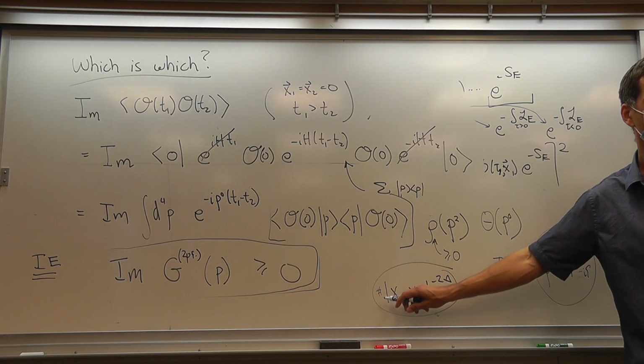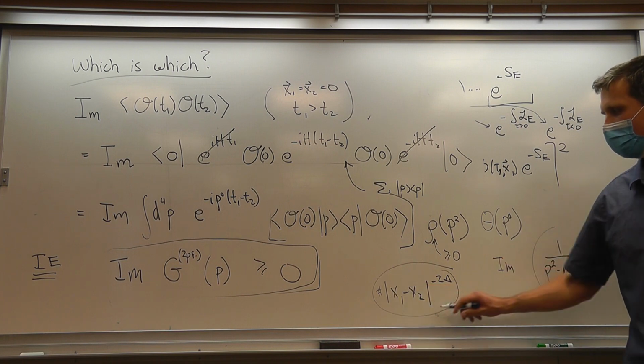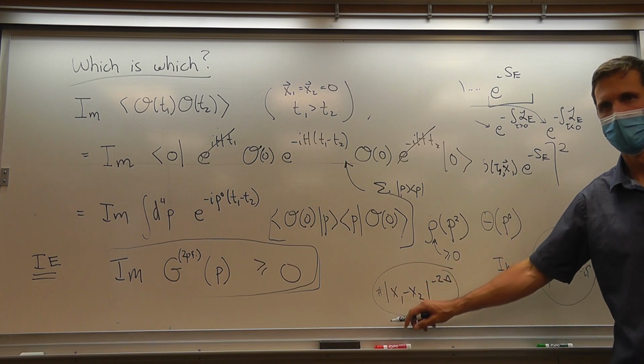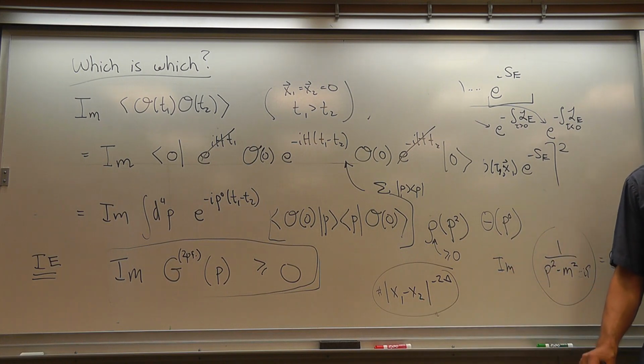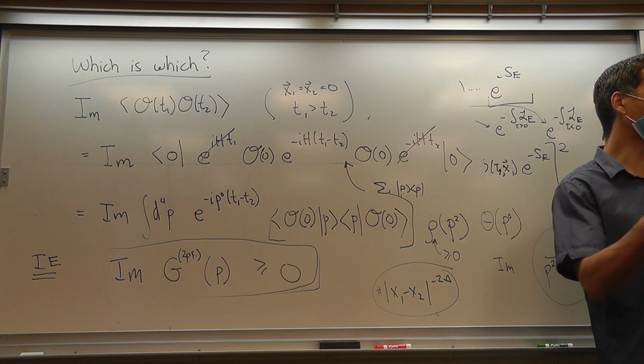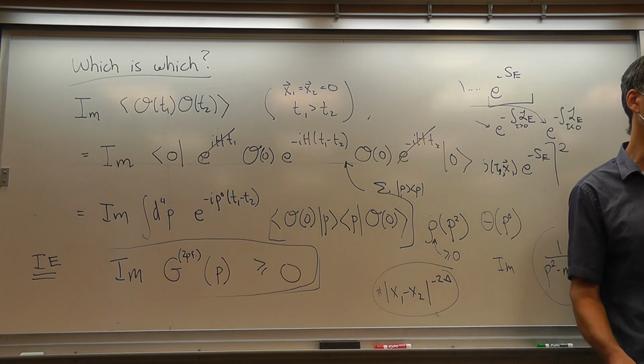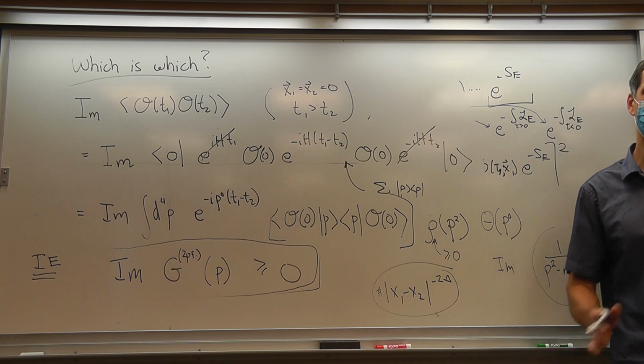And we've already explained how that's related to positive norms. That's a Euclidean statement. And now we've seen unitarity enter again to tell us which way around the branch cut is O12 and which way around the branch cut is O21. So it's entered in two logically distinct ways.